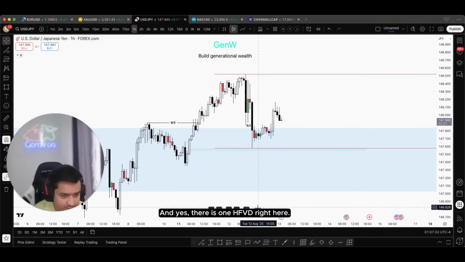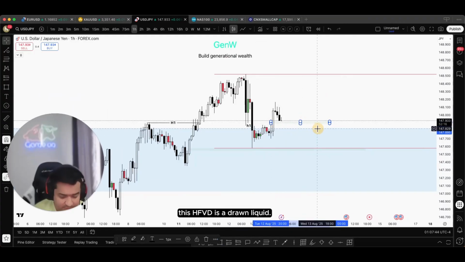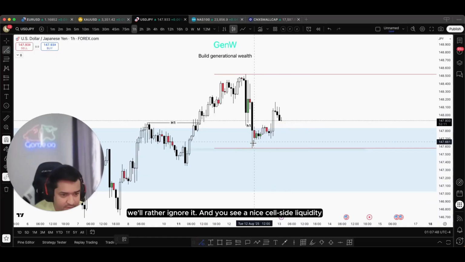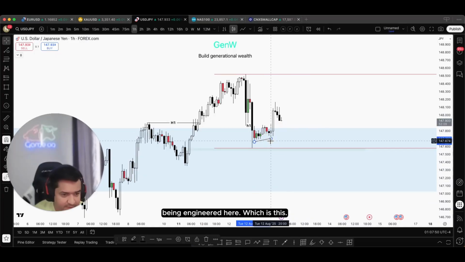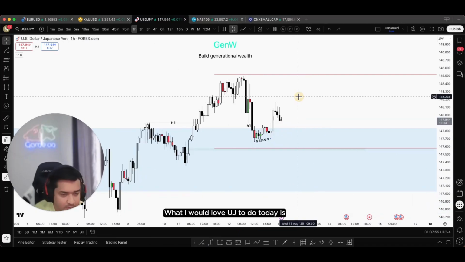Now this is how we can build multiple scenarios, and yes, there is one HFVG right here, which is here. But if this H1 order flow has to hold, this HFVG is a drawn liquidity. We'll rather ignore it, and you see a nice sell side liquidity being engineered here, which is this.